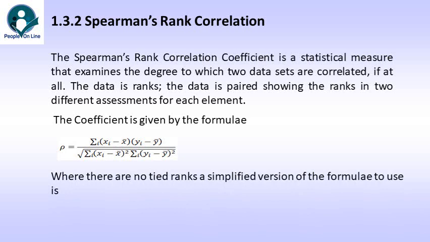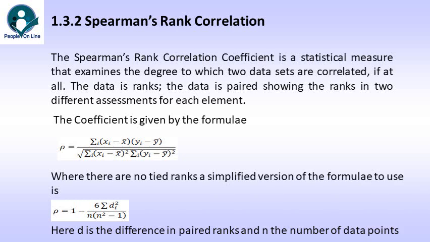Where there are no tied ranks, a simplified version of the formula to use is 1 minus 6 sigma di square divided by n into n square minus 1, where d is the difference in paired ranks and n the number of data points.